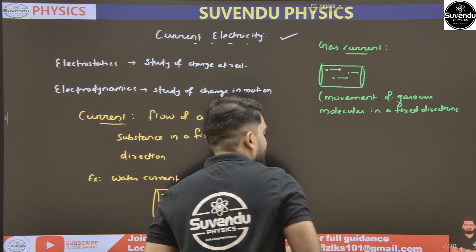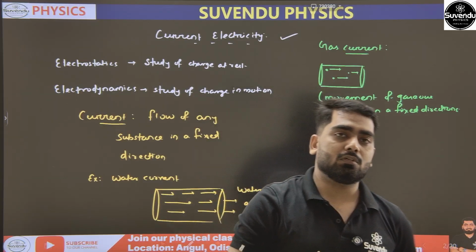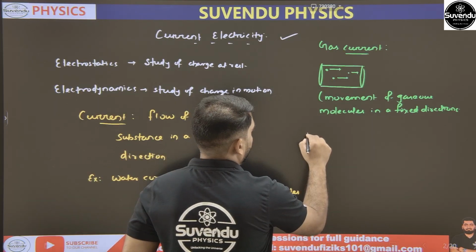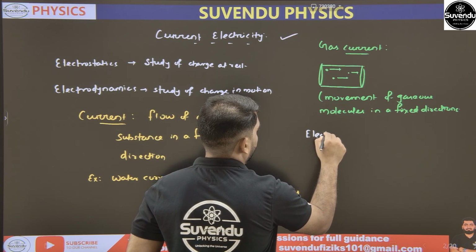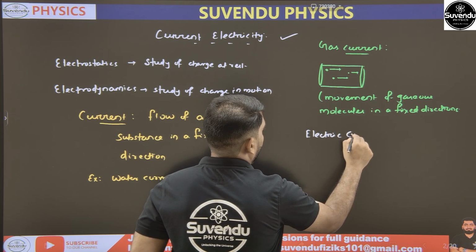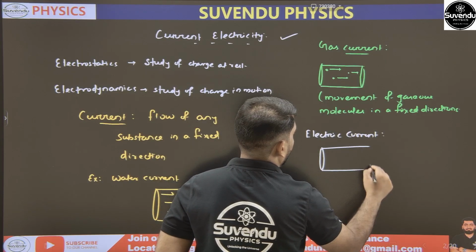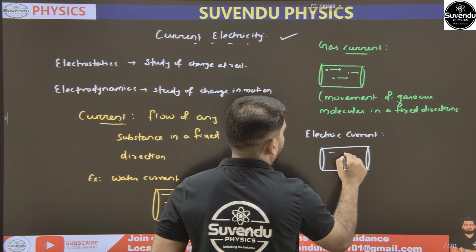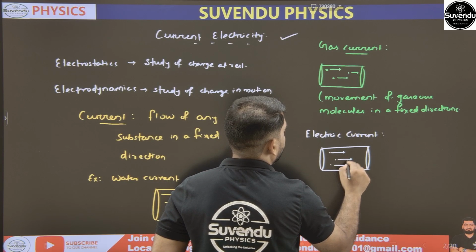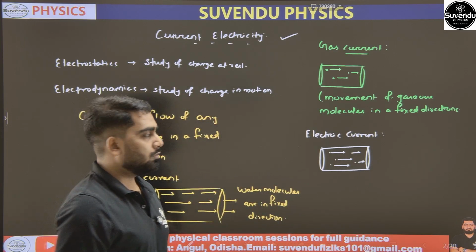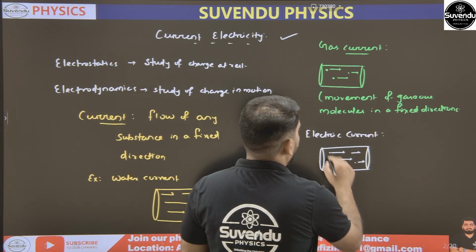Okay. Next, in this chapter we will discuss electric current. So in the case of electric current, what will you study? First listen, what is its meaning? If this is your conductor and all the charge particles are in unidirectional motion, or are moving in a fixed direction, then that constitutes electric current.